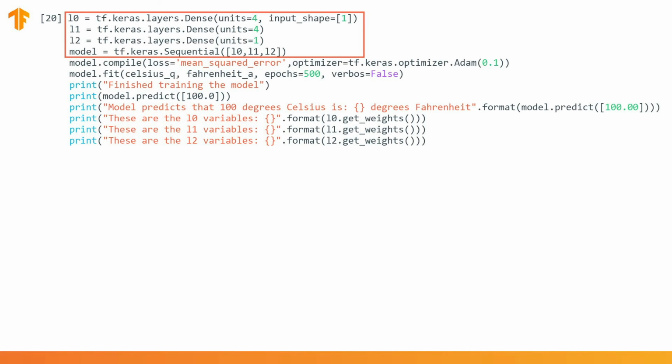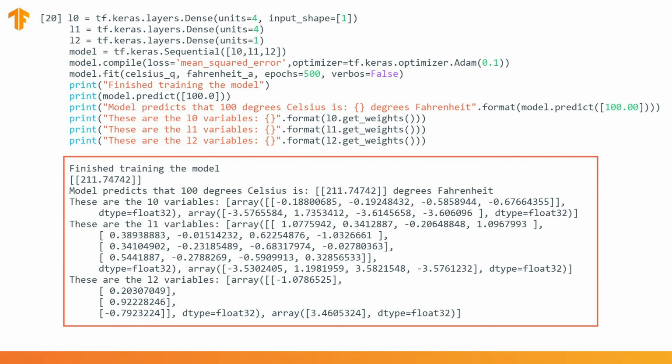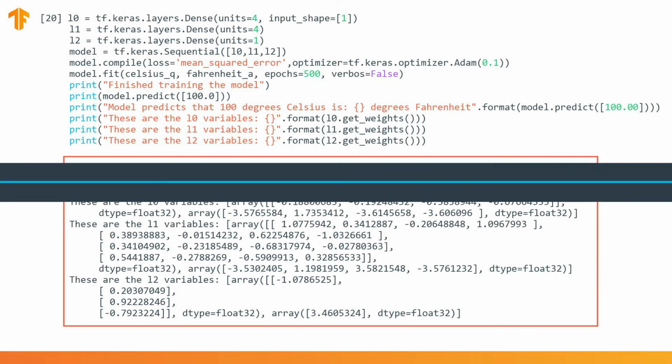Without knowing the target algorithm, we would just give a model a number of layers and weights to tune. And then we just hope the model will be able to figure out how to tune the model algorithm to match the input to the output. As you can see, in this example, it also successfully did so, with this model having 3 layers and lots more neurons. And looking at the weights now, you can see that there's no direct mapping between them in the conversion formula.